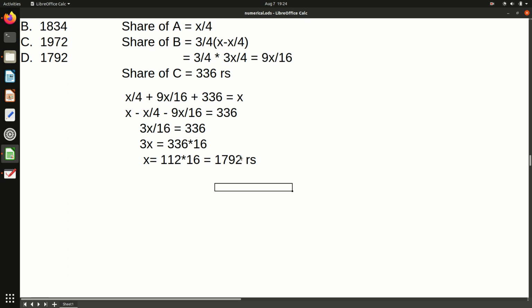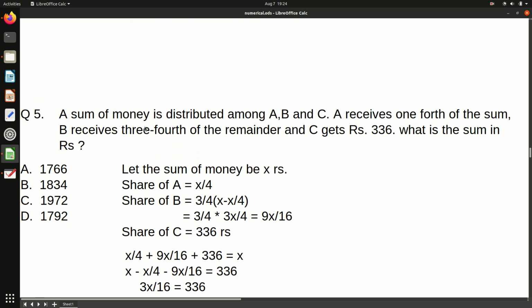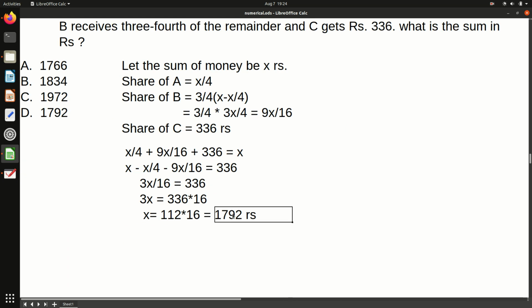So this is the sum of the money, 1792. So option D will be our answer. Okay. So 1792. And I hope all of you understood. So this was very easy. We started with X and then we distributed everything.